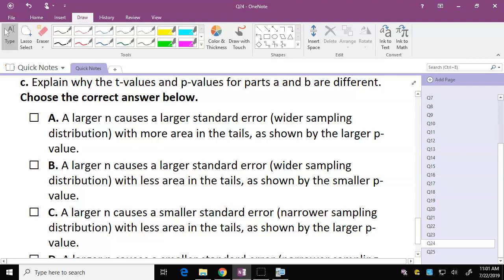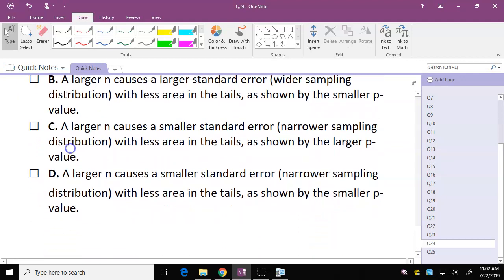And when your standard error gets smaller, that makes your sampling distribution narrower. Sorry, not wider, narrower. That makes the p-value smaller as well. So which one is it that we're looking at?